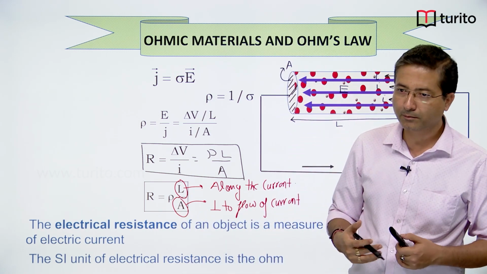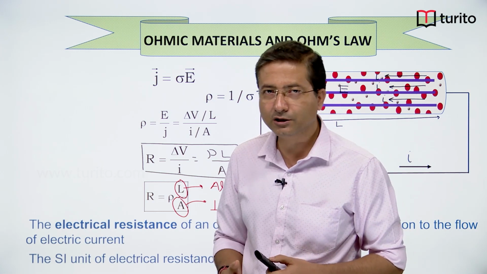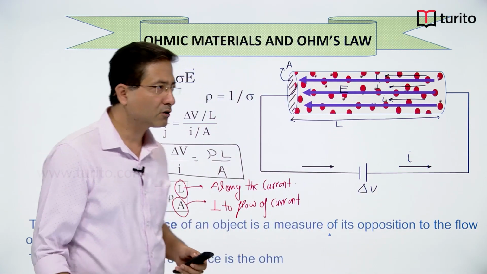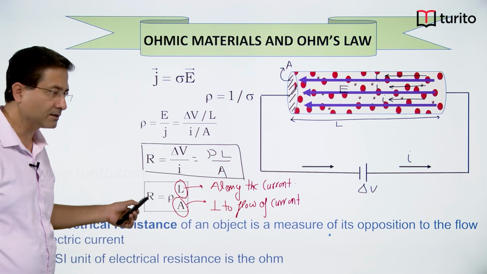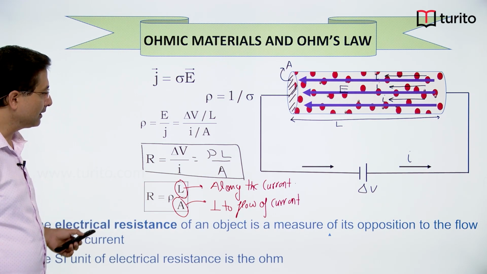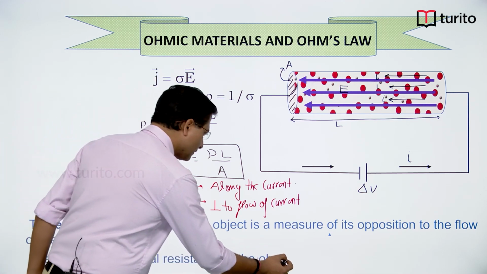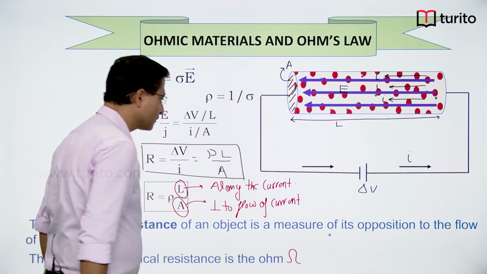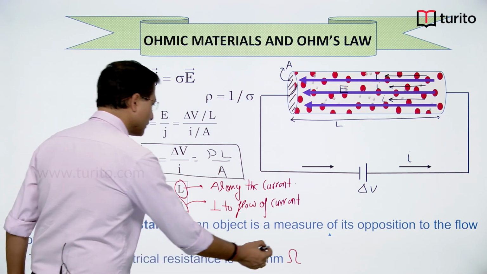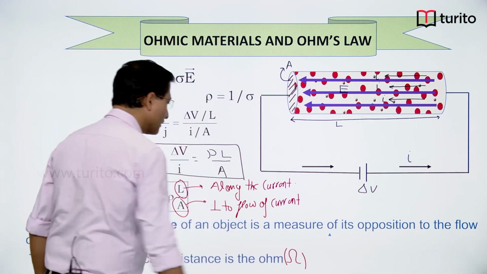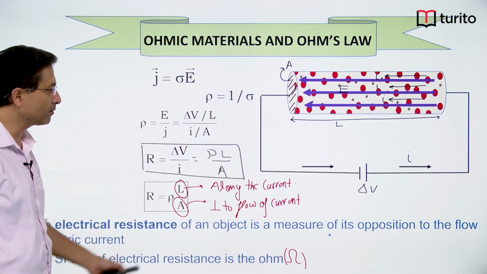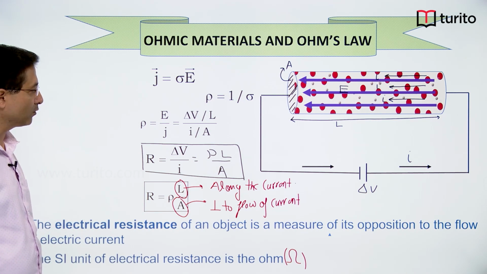How much a material is offering opposition to the flow of current, the measure of that is called resistance, right. And its SI unit is ohm, that is also written this way, right. So, this is the symbol of resistance, or symbol of ohm.